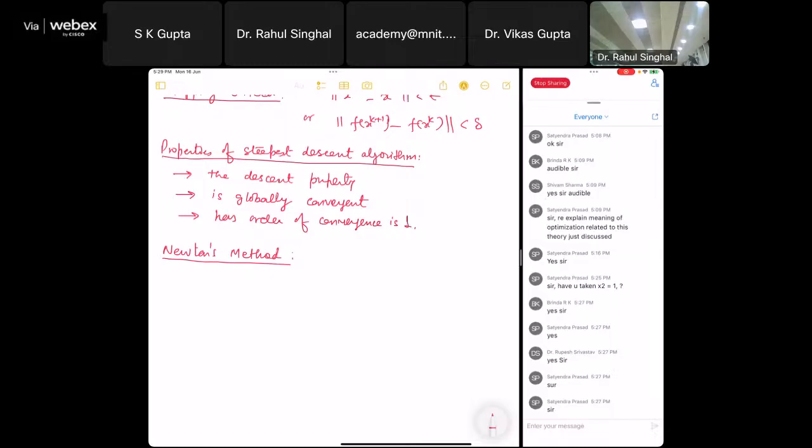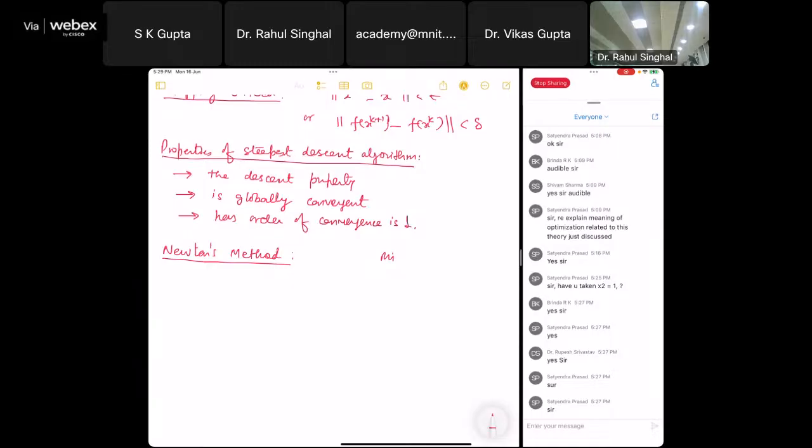Newton's method has a faster convergence property, or it converges to the optimal solution most rapidly, because the order of convergence of this method is 2. However, the steepest descent method is a little bit slow. So how can we find the optimal solution in this case?